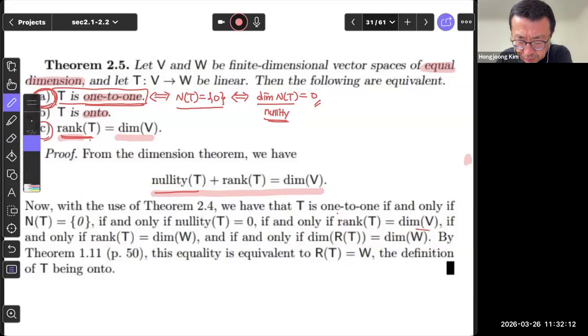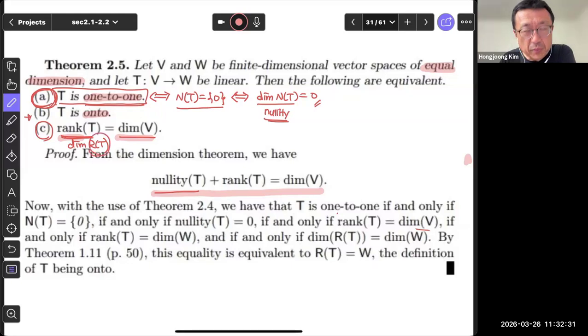So if your mapping is one-to-one, so that the rank equals the dimension of V, where rank is the dimension of the range. And what is the assumption here? The dimension of the range equals the dimension of V, which is the dimension of the W space.